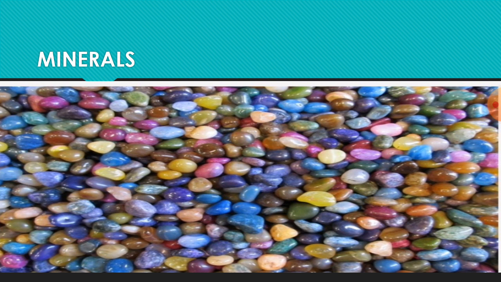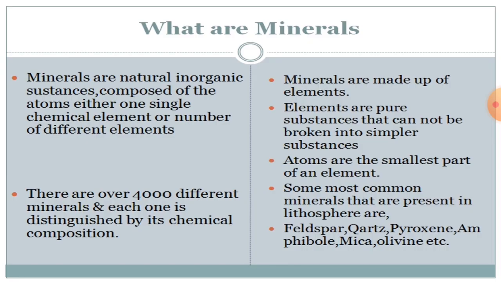Minerals are natural inorganic substances composed of atoms, either of one single chemical element or a number of different elements. There are over 4,000 different minerals and each one is distinguished by its chemical composition and its crystal structure.